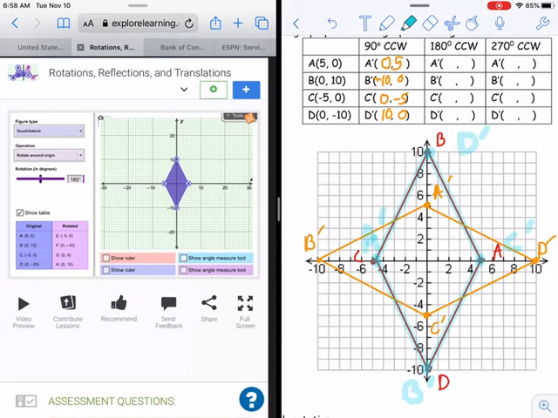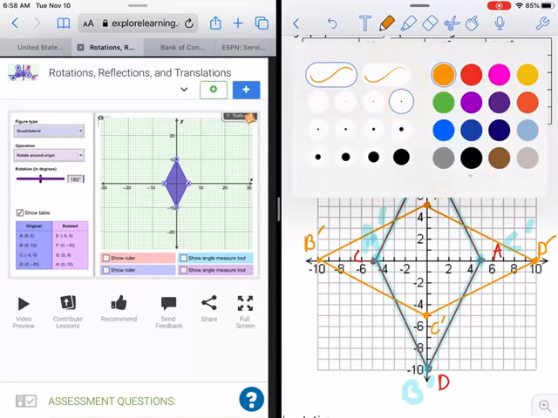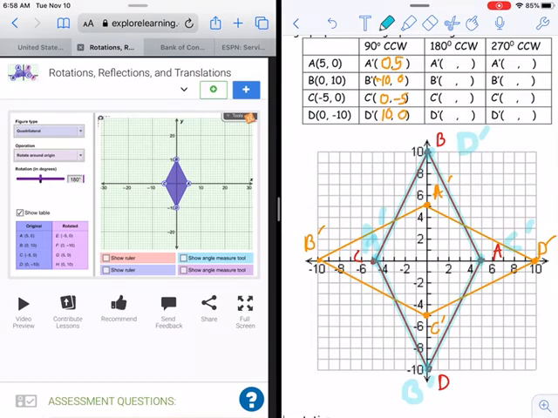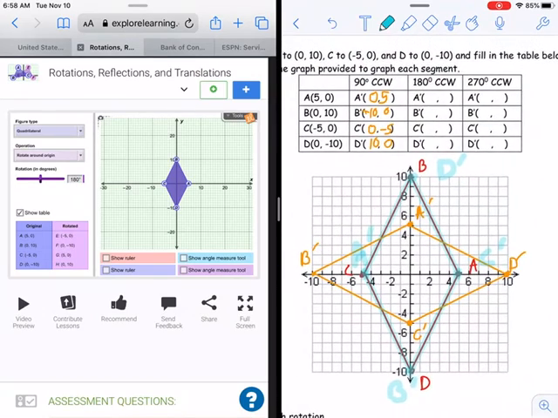So all the points are on the opposite because it's a 180, obviously. And then A is now negative 5, 0. B is now 0, negative 10. C is 5, 0. And 0, 10 for D prime.